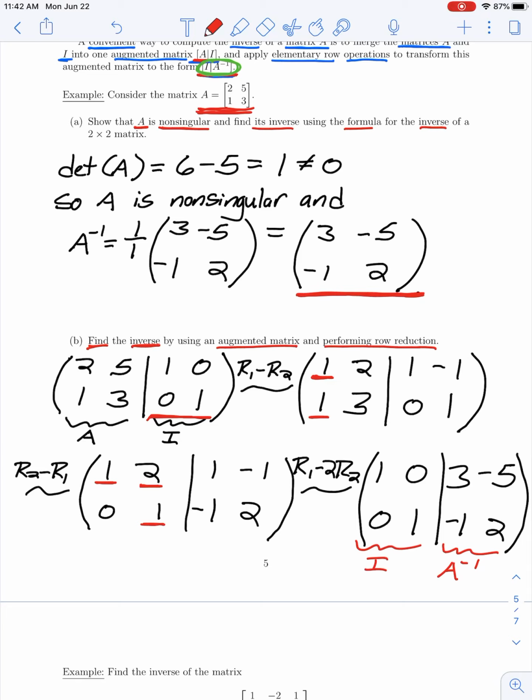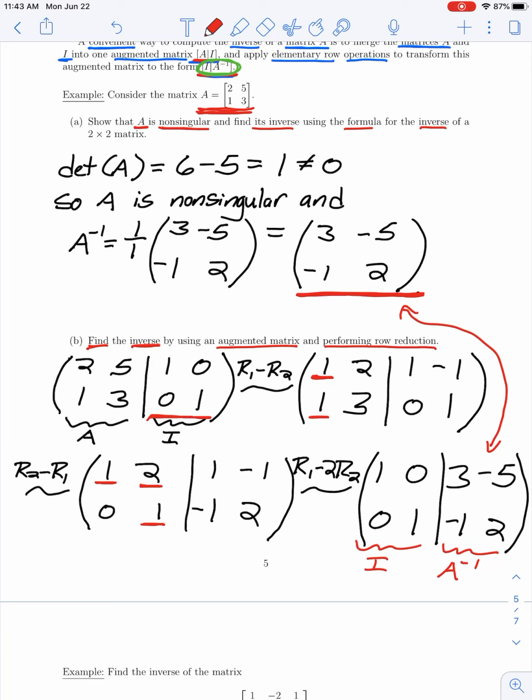And in fact, you can verify that by comparing it with your answer in part A. Notice that these two matrices are exactly the same. So in part B, we've used this row reduction approach in order to calculate A inverse, and we see that it's consistent with what we got by applying our formula for the inverse of a 2 by 2 matrix that we were using at the beginning of this section.